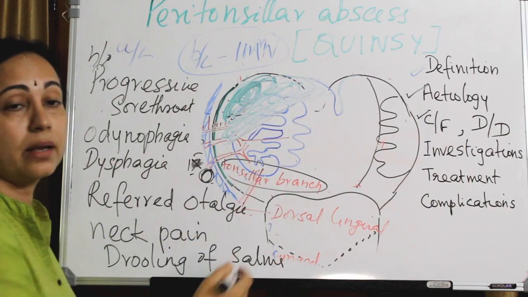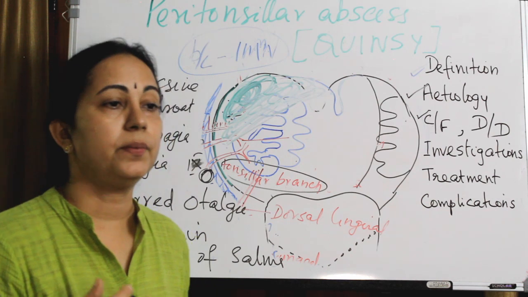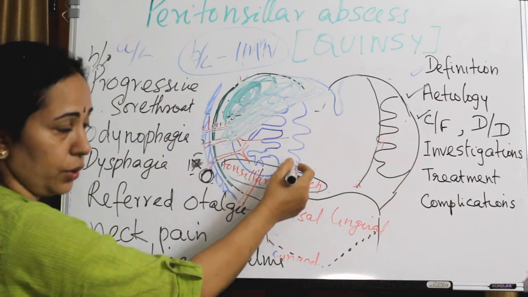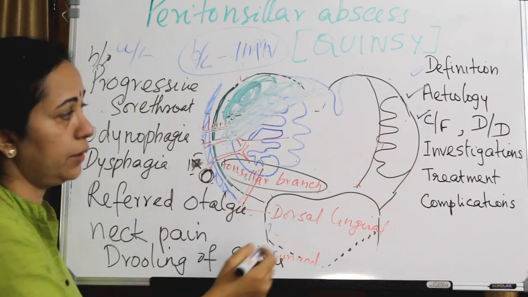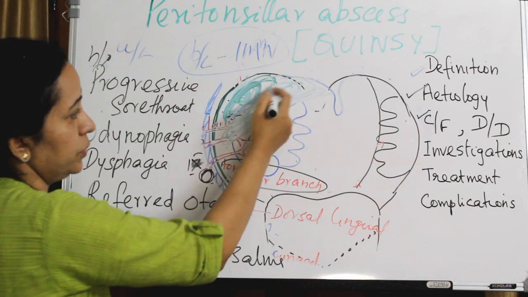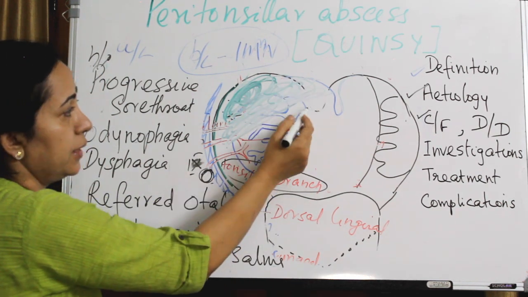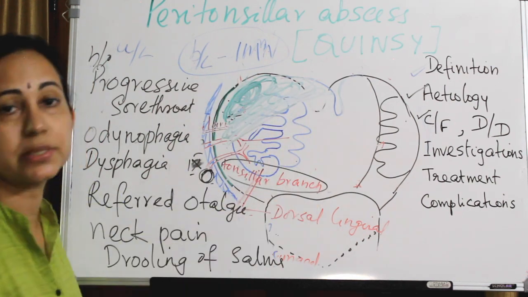If it is unilateral, and usually it is, there will be congestion of the tonsil with edema of the anterior pillar, edema of the soft palate, and the uvula will be edematous and pushed to the opposite side.